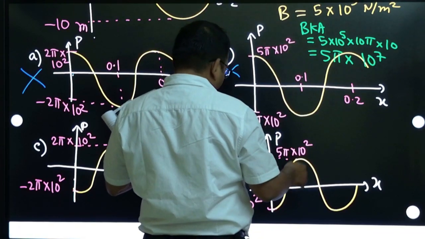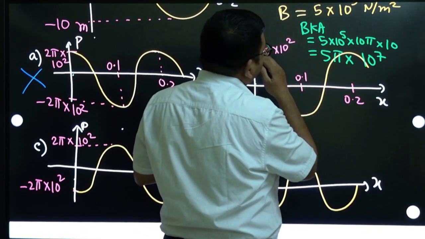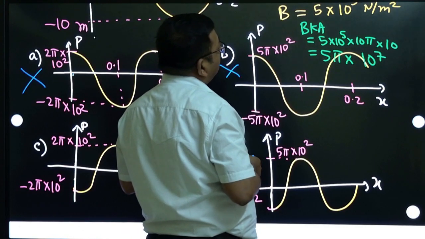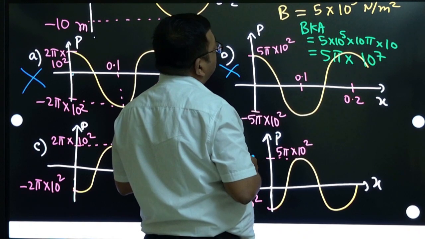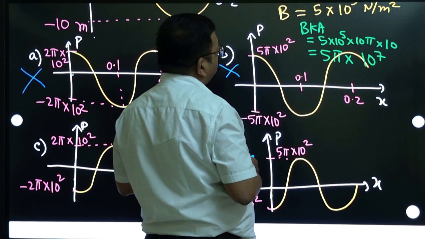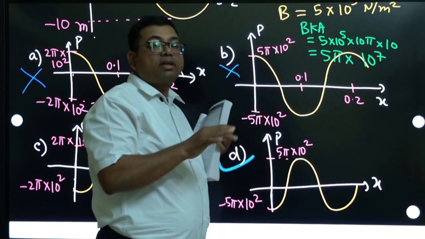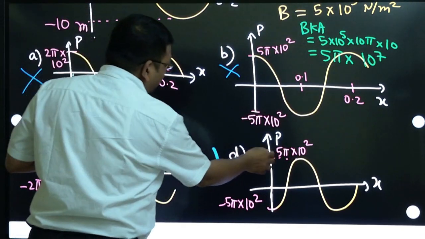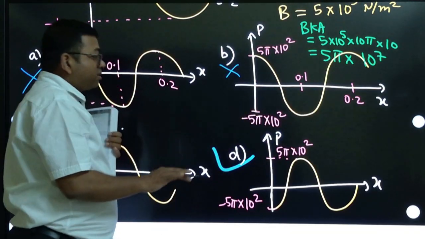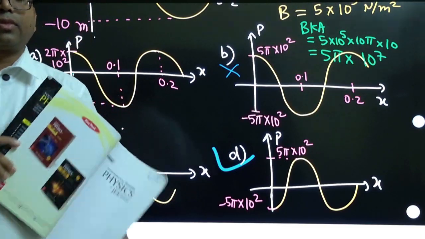Why is 5 pi coming? That's right. But this should also match 10 to the power 7. Why is it coming? Maybe the value is not given correctly, right? Okay, so leave it. But 5 pi is matching, so this will be considered correct. Clear? Understood this, right? Okay.